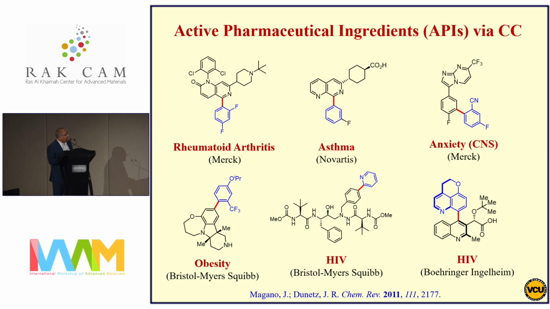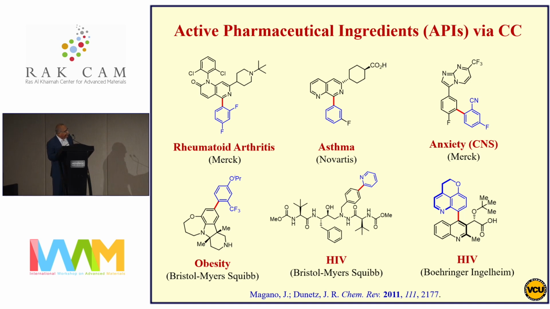Rheumatoid arthritis, that's made by Merck. Asthma, that's made by Novartis. And anxiety drugs made by Merck again. Obesity drug. And you can see the coupling. This is the red bond that's forming the coupling, connecting the two carbon centers.